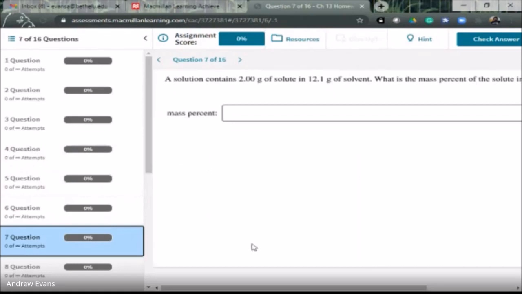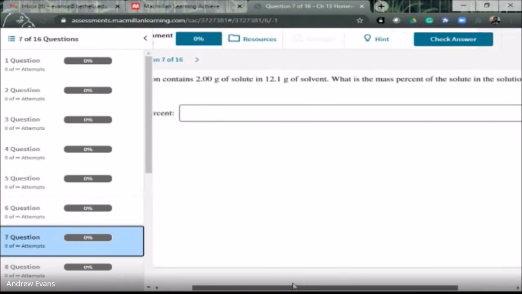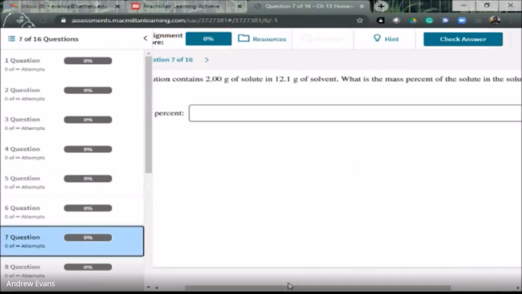Solution is 2 grams of solute and 12.1 grams of solvent. What is the mass percent? Okay, this one's easy in one way, but a little tricky in the other. So 2 grams of solute, that's going to go on top.